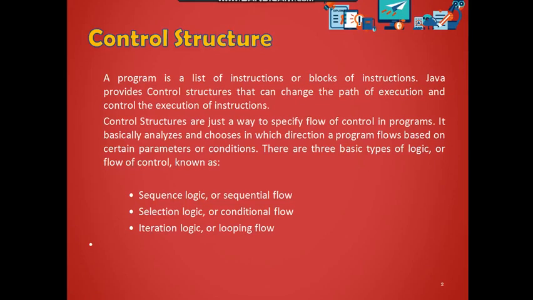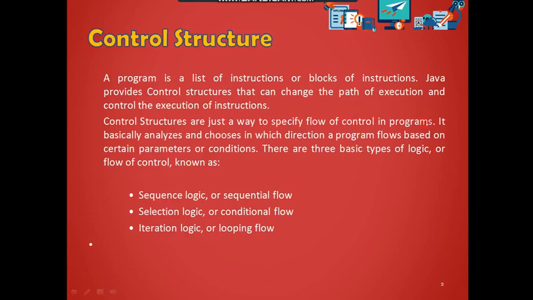Not only Java, every programming language provides the way the statements written in a program will get executed. That is the duty of control structure. Control structures are just a way to specify flow of control in programs.